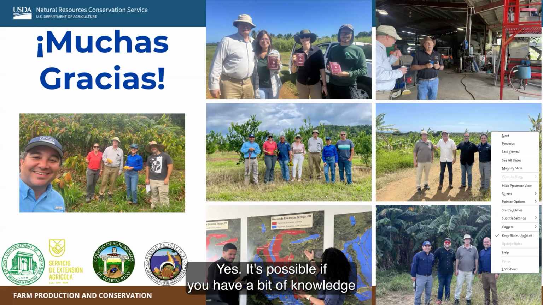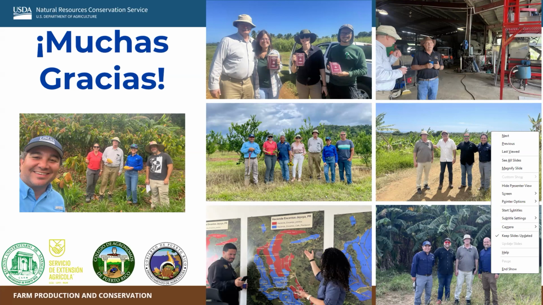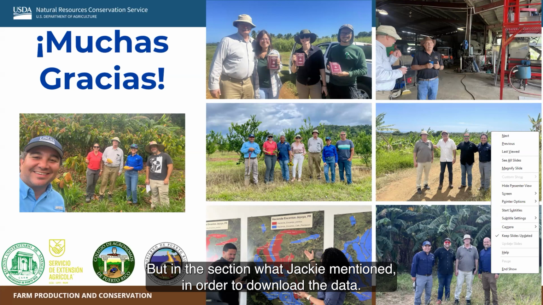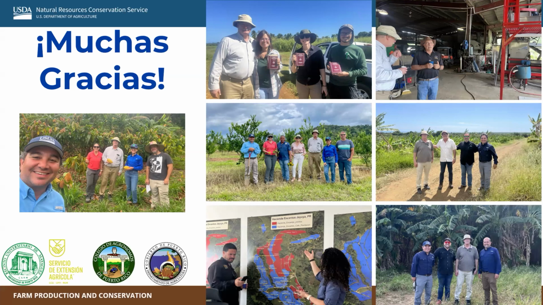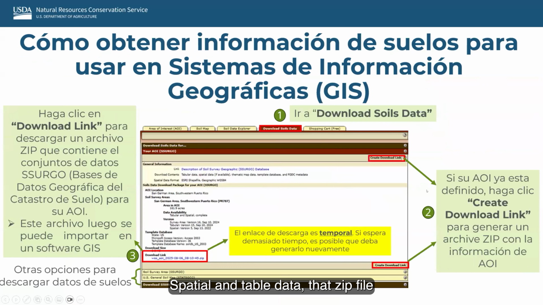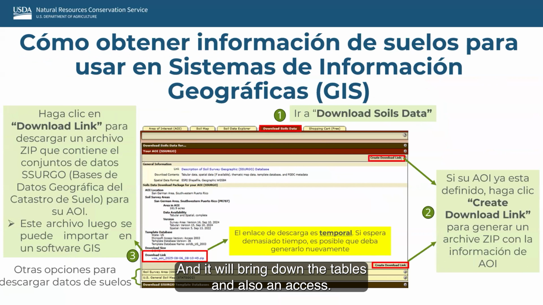You have a bit of knowledge regarding the systems of geographic organization, but in the section where Jackie mentioned how to download the data, spatial and table data, that zip file, the shapefiles, that's a format that we use, and it will bring down the tables and also an Access database.